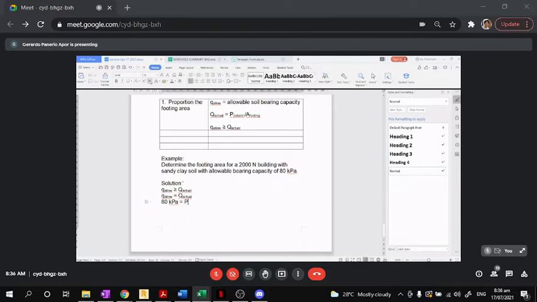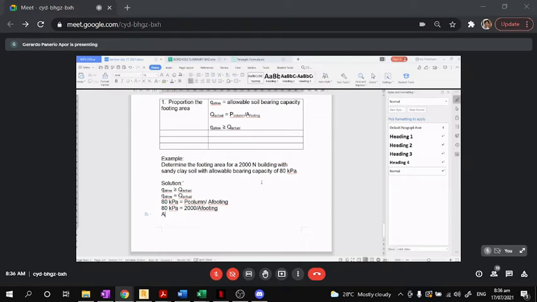P column divided by area of footing. Now there is no column load here in the example, but the building weight could be the weight transmitted to the column in total. So we can take that as 80 kPa is equal to 2,000 divided by area of footing.